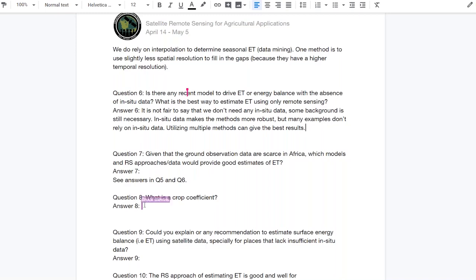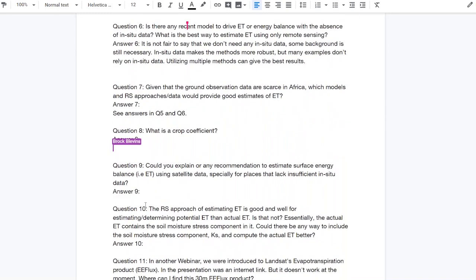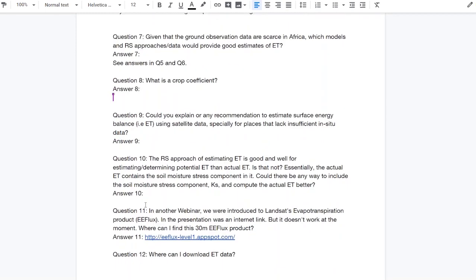So a crop coefficient is essentially, once you estimate potential evapotranspiration or some reference ET, which are kind of similar, say for corn, corn has a certain crop coefficient, and to estimate ET you would take the reference ET and multiply it by that crop coefficient.